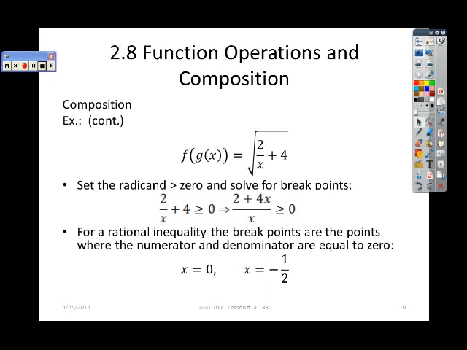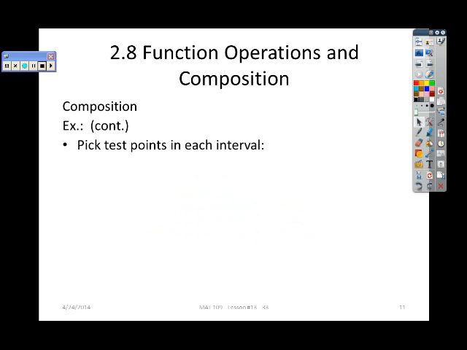Find the breakpoints. The breakpoints are going to be x equals 0 and whatever that is, which turns out to be x equals negative a half. So here is what it takes to make this work. What intervals of the number line is that valid in? Well, pick points. So we pick -1 to look in that interval, and it's true there.